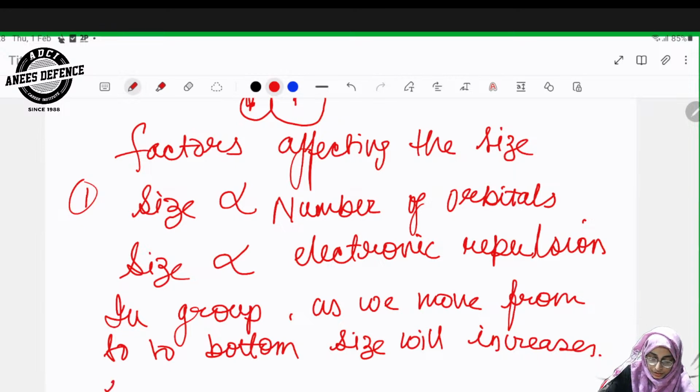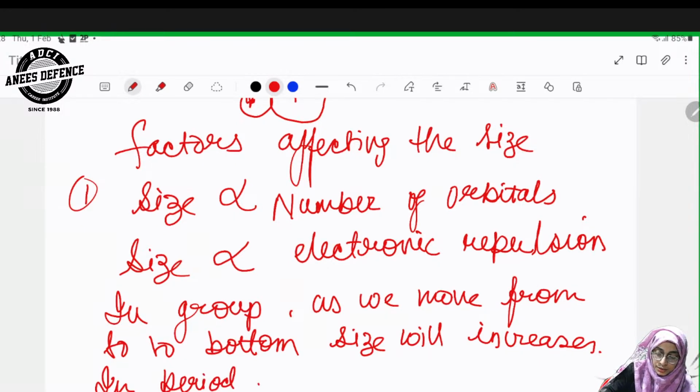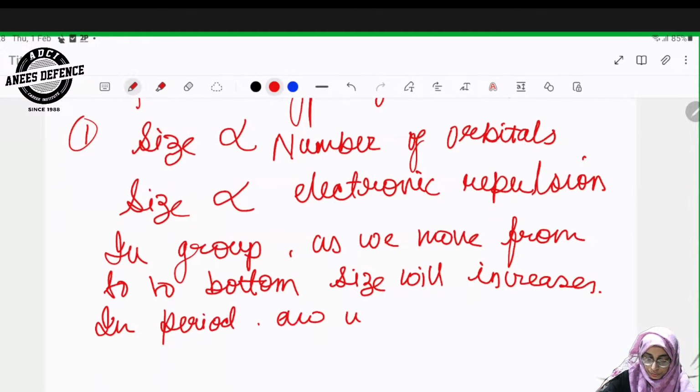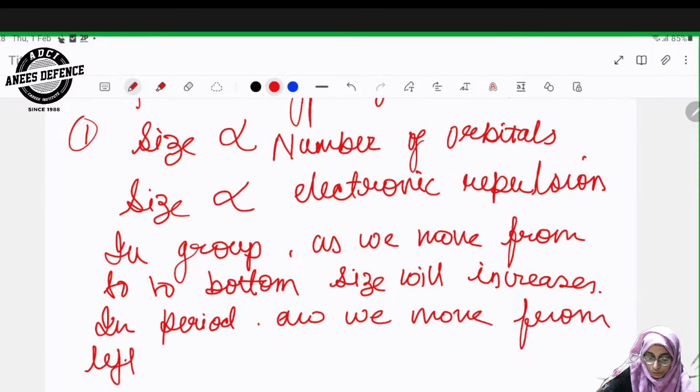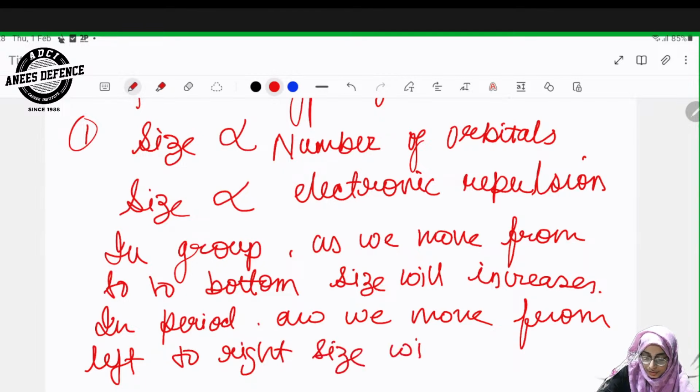In a period, as we move from left to right, what happens? Size will decrease.